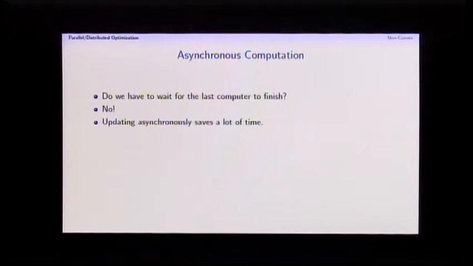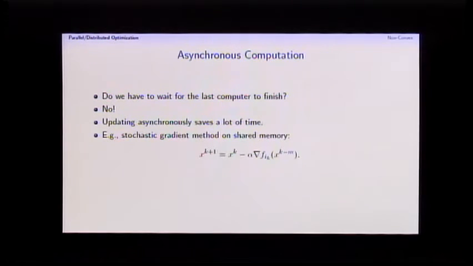In a lot of settings, it makes sense to update asynchronously. So one of the examples that's been looked at is stochastic gradient on a shared memory computer. What this means is that you have, let's say, 16 processors, and they all share the same RAM.